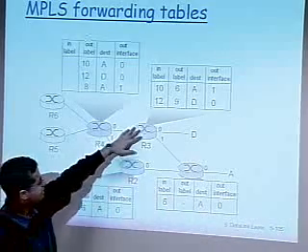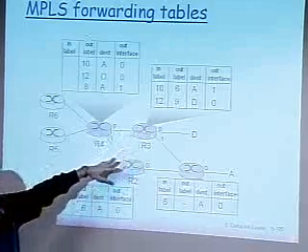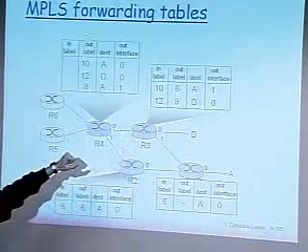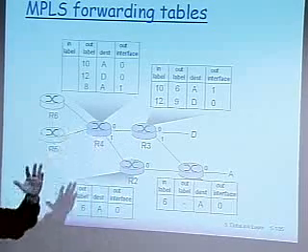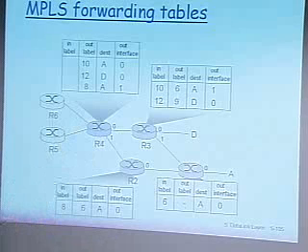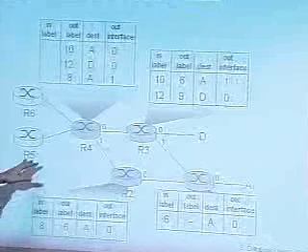So now look at these two routers. Could be anything. It's 20 bits you can use. It's just an example. It's not part of the links.